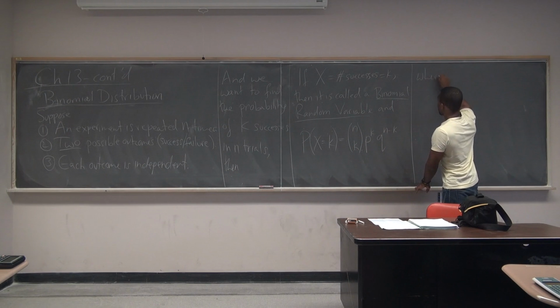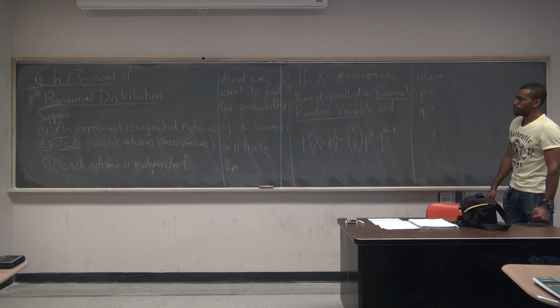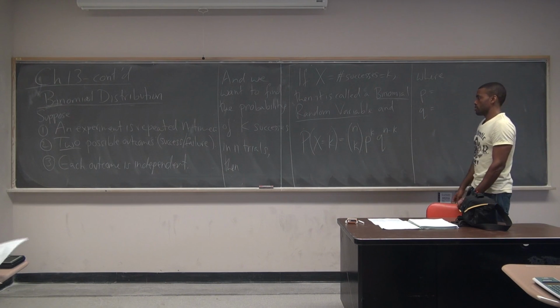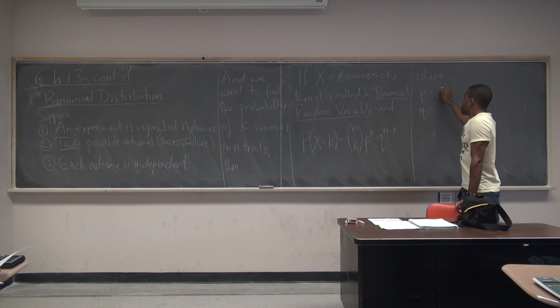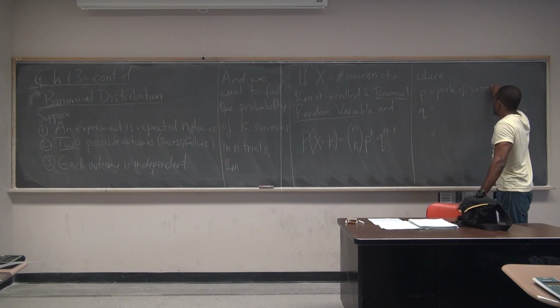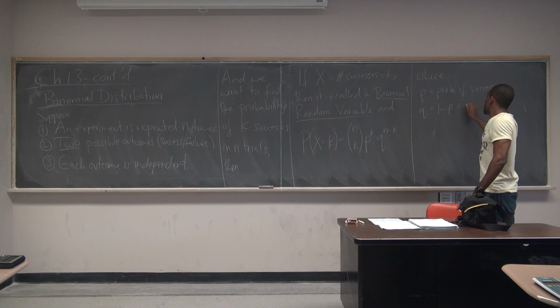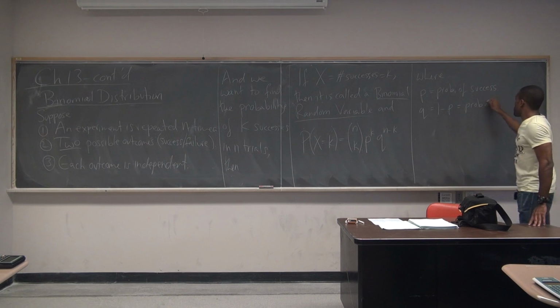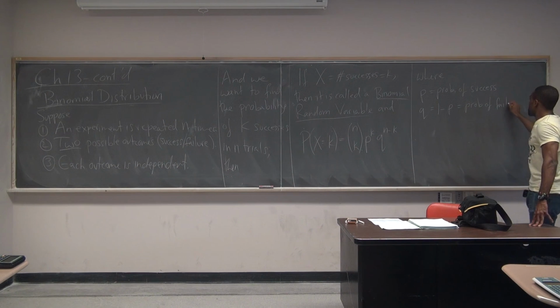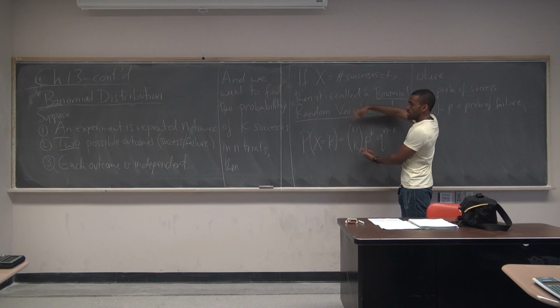where p, q, what's p? The probability that a success occurs. That's the probability of success. And q is the probability of failure, which is 1 minus p. And this guy pretty much will count the different arrangements.